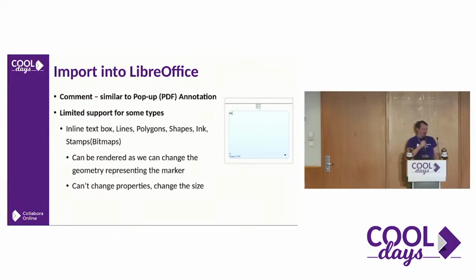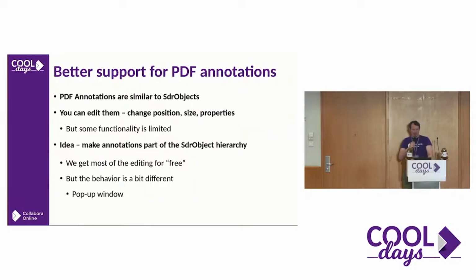You can have some kind of text boxes, lines, polygons, but you cannot manipulate them, change their properties, or change size and similar things. So the idea was that, instead of what was done before, we use SdrObjects as PDF annotations, so that it's more or less similar to how all the other shapes work inside Draw.